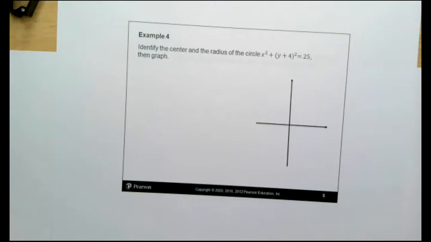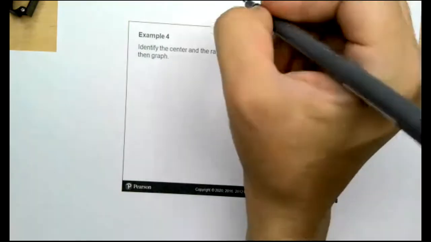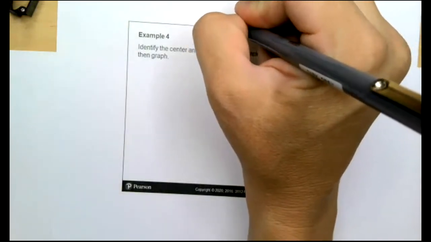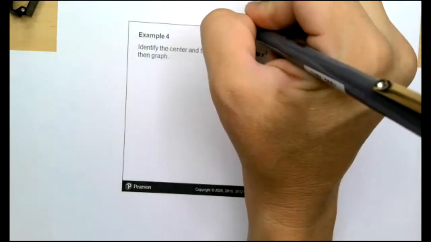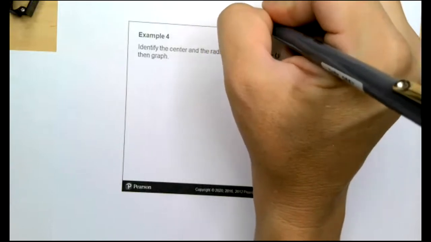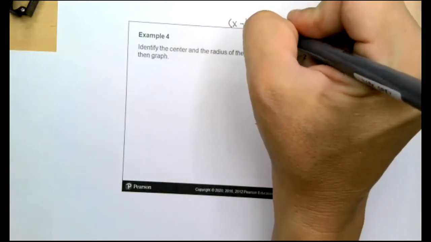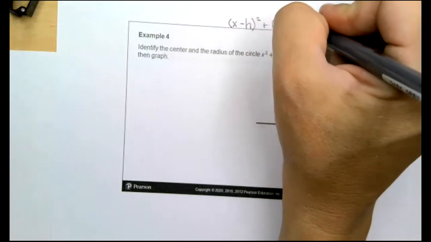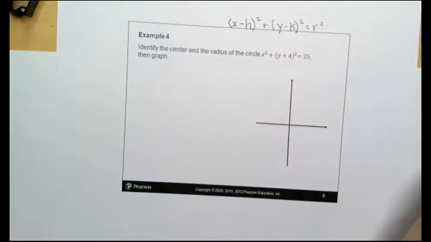Example 4 says, identify the center and radius of the circle x squared plus y plus 4 squared equals 25. So we have no value grouped with x, right? The equation is x minus h squared plus y minus k squared equals r squared, right?